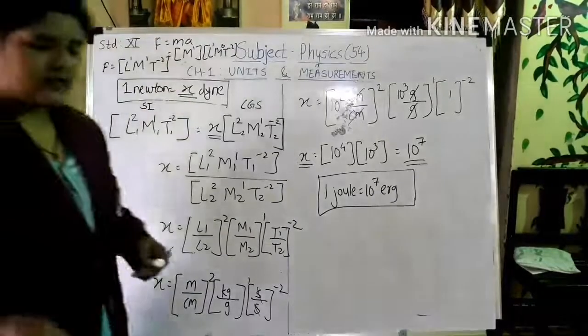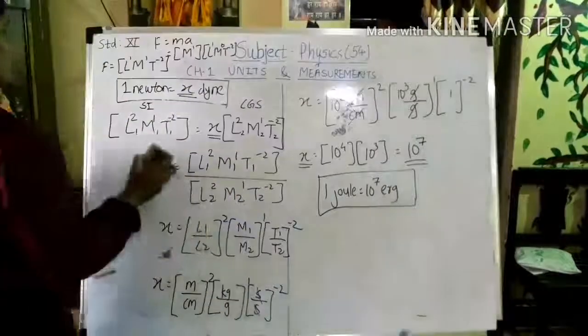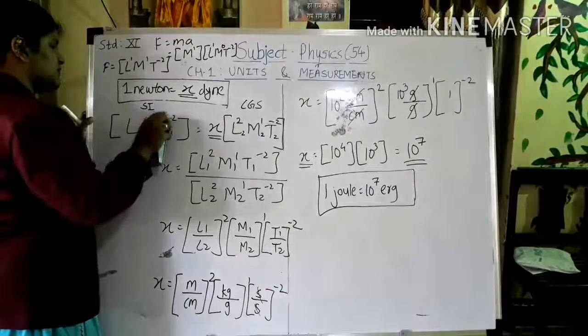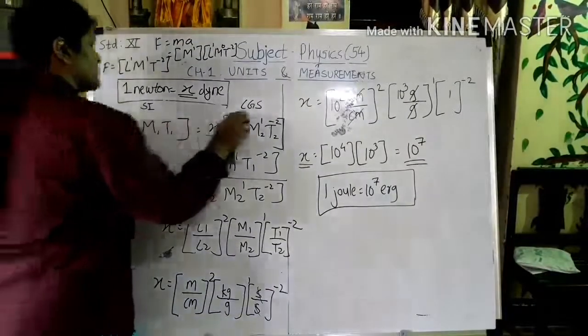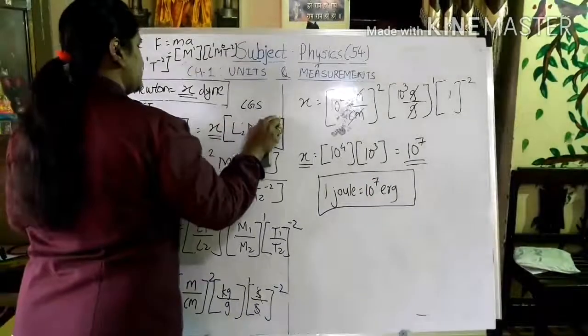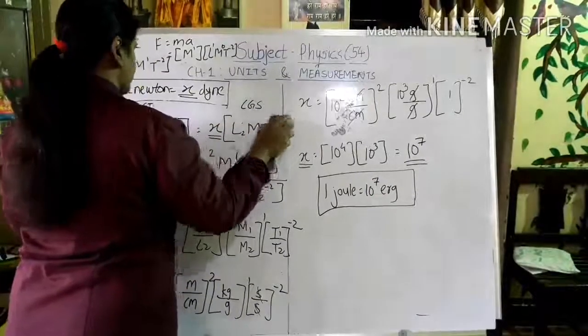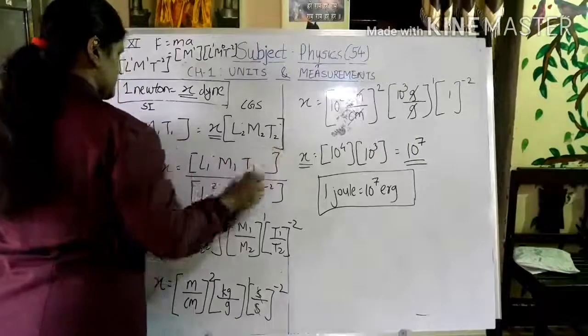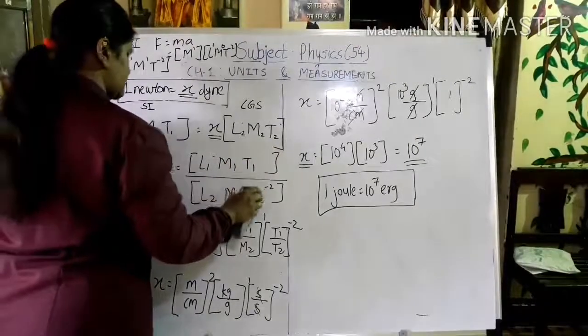So I got the dimension for F. Now I am going to substitute it in this way. You are going to write all the things. In the same way, we are going to find out.